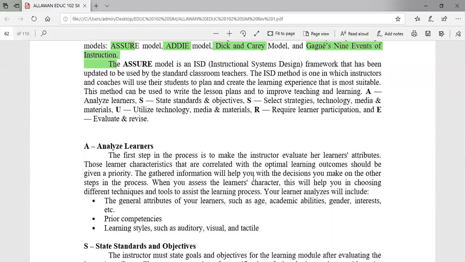Like for example, in grade school or elementary days, some of the pupils do not know how to use any gadgets, but at this age, marami na sa kanilang marunong gumamit ng mga teknolohiya. There are also their academic abilities, di ba?